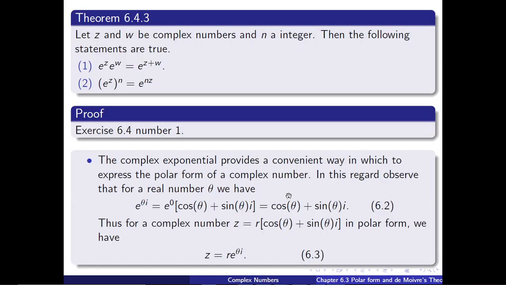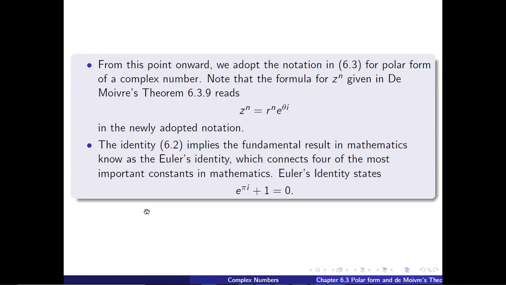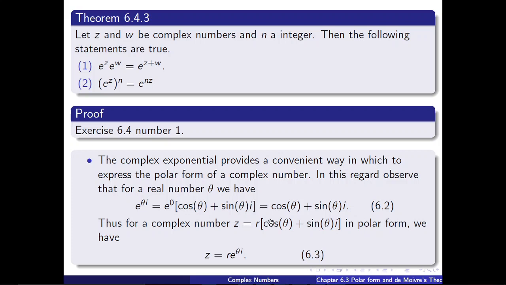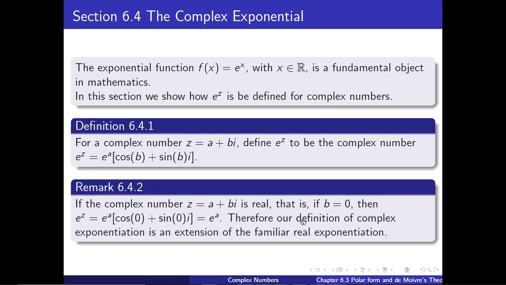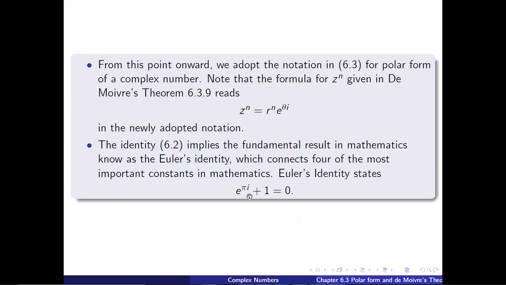And this is just coming from this, that if the theta here is pi, then we see that e to the pi i becomes cos pi plus sine pi i, which is equal to minus 1. And then if we put the minus 1 on this side, we've got e to the pi i plus 1 is equal to 0, right? So that is that for 6.4.